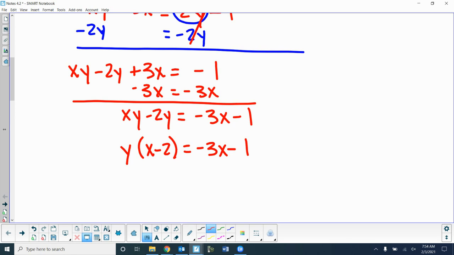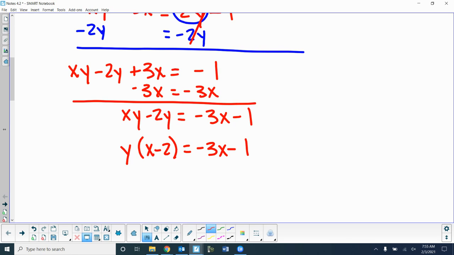From here to here is where some of you get stuck. Because you gotta get y by itself, and it should just be a single y, and there's more than one showing up. So to make it into one y, it's factored out as a GCF. Remember, this means y times x minus 2.